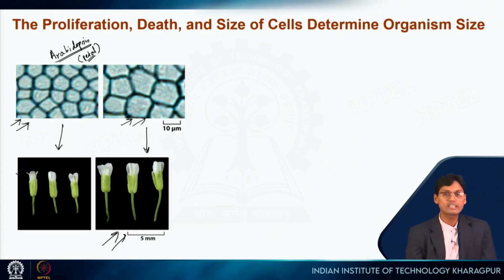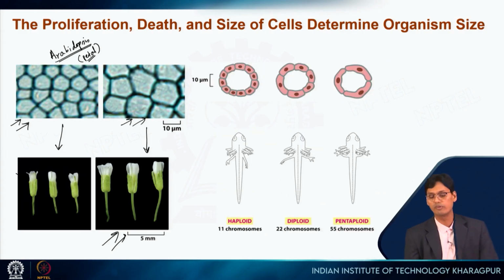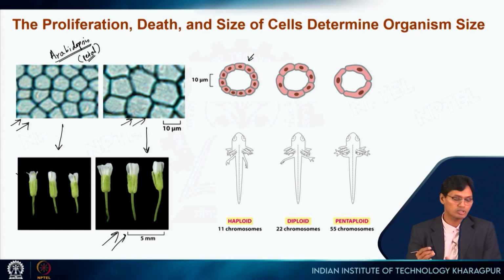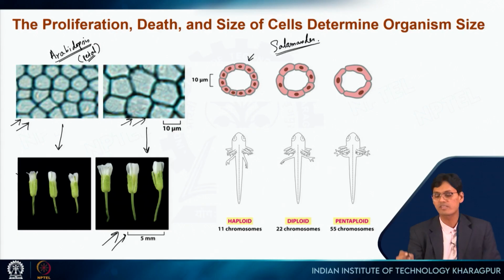But this is in the case of Arabidopsis. If I give you another example, you will see something different. This hollow tube you can see is part of the kidney tubule of a salamander. Again, this is an amphibian, just like frog.